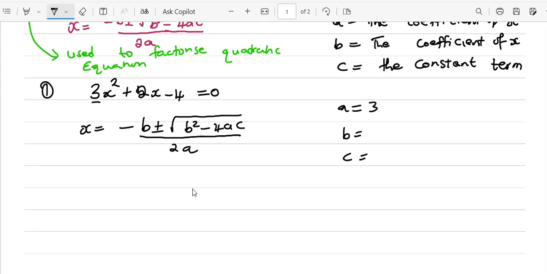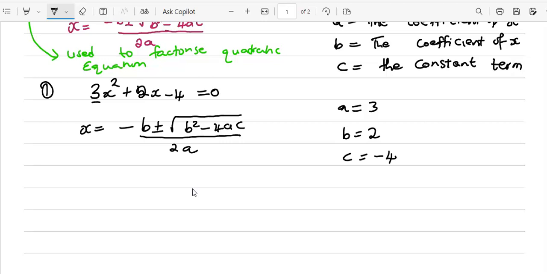The value of b is the coefficient of x. We have 2 in front of x, and we have c, which is the constant value. Please make sure that you take the value of c with the sign. It's very important. Now this is just a recipe.